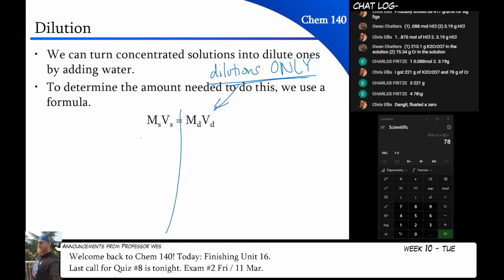That was a terrible straight line, but that's okay. The S side is the stock side of the equation, or what you have in the stock room. This is the stuff that we just have lying in the back in the closet that we're going to use to prepare any solution we want to.